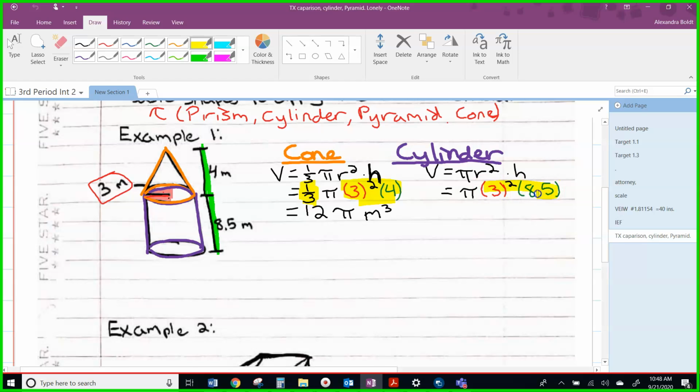So again, I type everything but my pi into the calculator. So I'm just typing in 3 squared times 8.5. And that is 76.5 pi meters cubed.